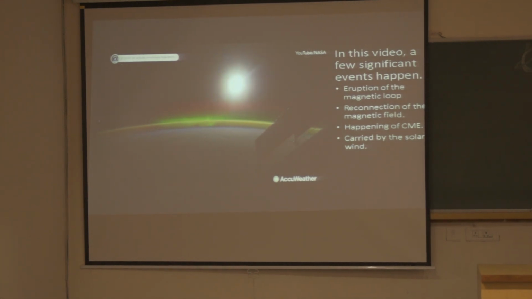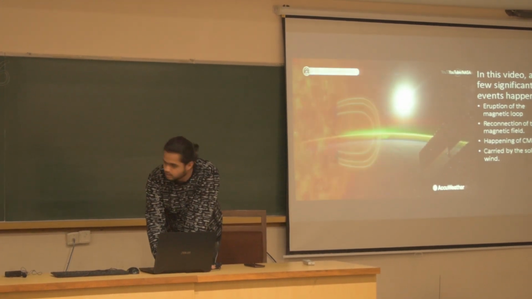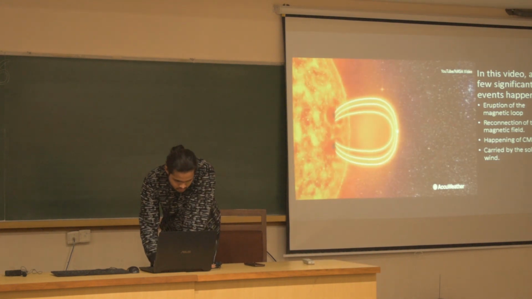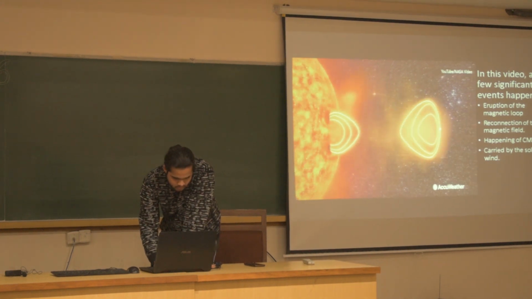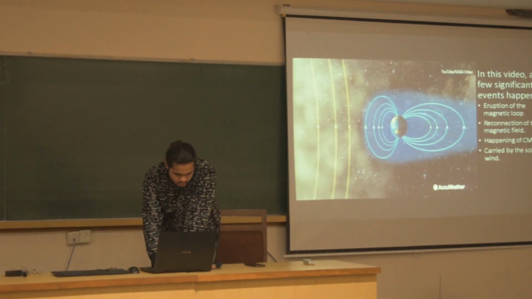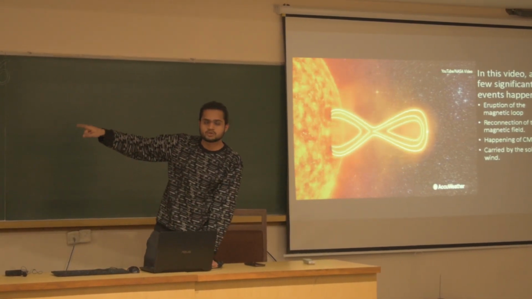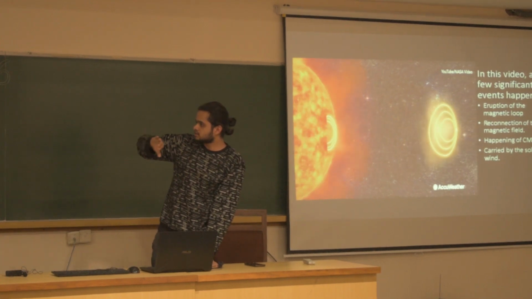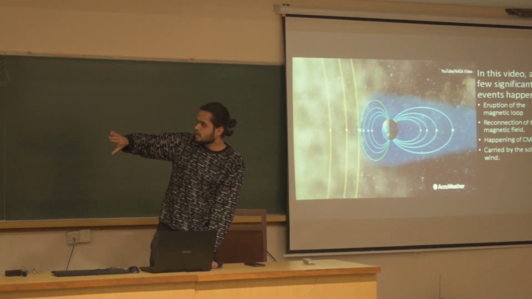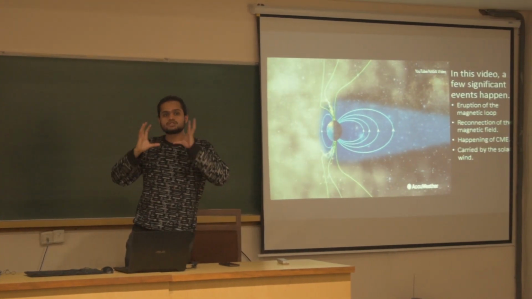As you can see, I have written in this video that there are a few significant events which are mainly happening. First, how to pause it, wait a minute. Pausing. So this is the eruption of magnetic loops, and now when it crashes with the Earth's magnetic field, the Earth's magnetic field protects us from the major solar winds.